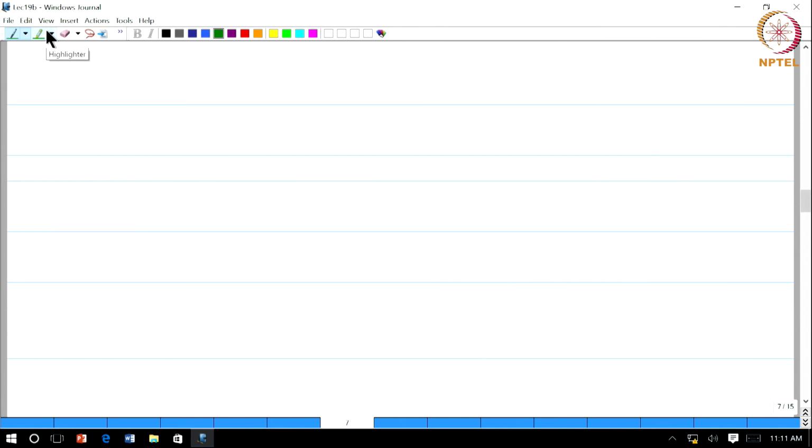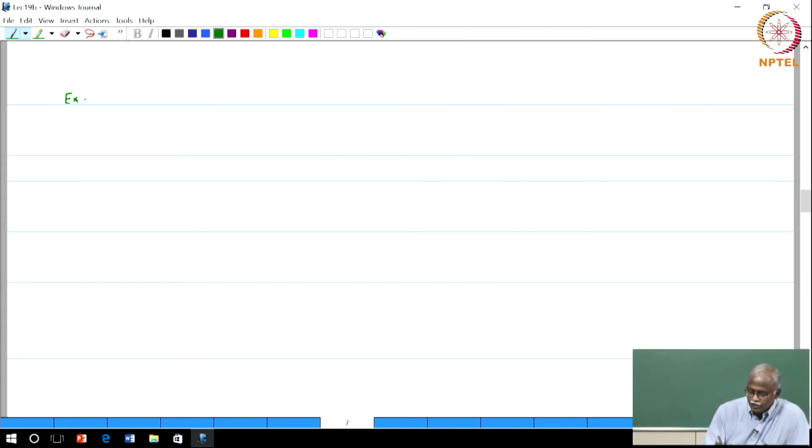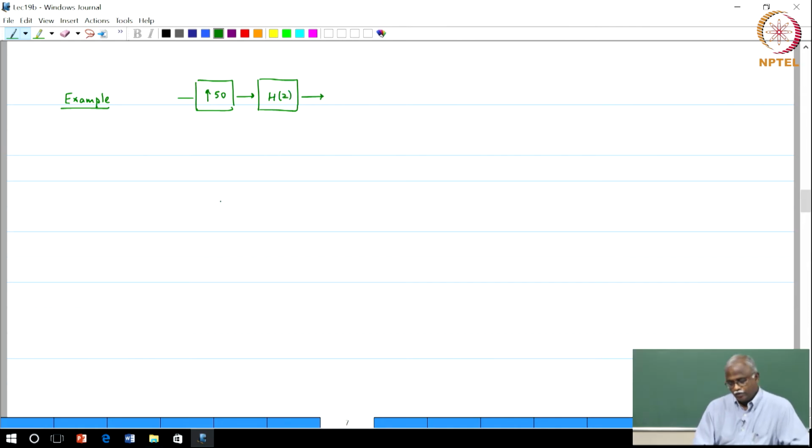The example that we would like to look at in the context of the interpolated FIR technique is to do an upsampling by a factor of 50 followed by a filter H of Z that would get rid of the images. So first and foremost, if this is the requirement, I want to know what H of Z ideally should look like.